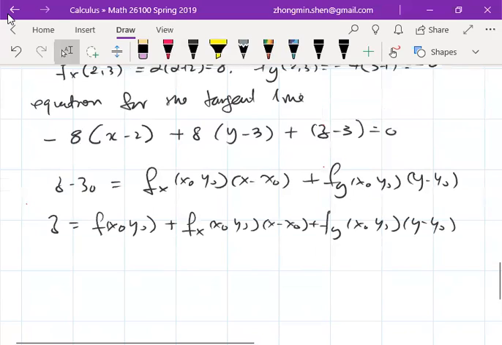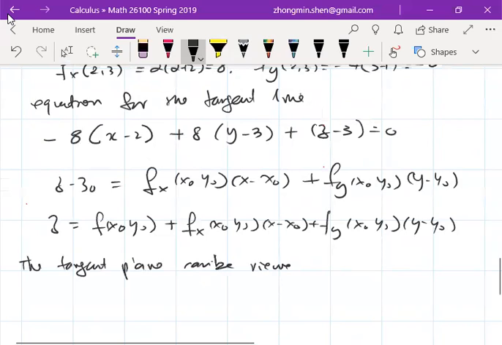All right, let's. So the tangent plane can be viewed as the graph of some linear function.